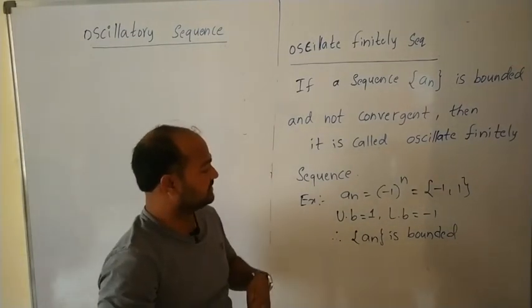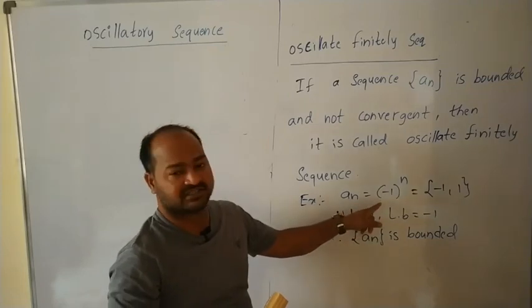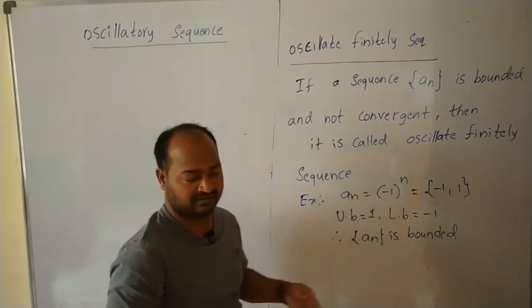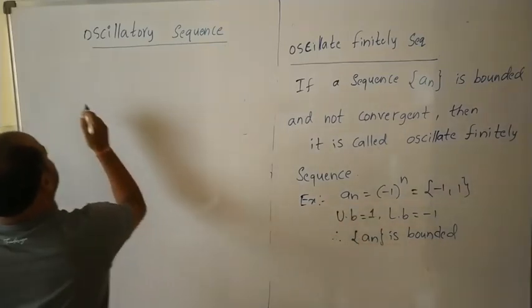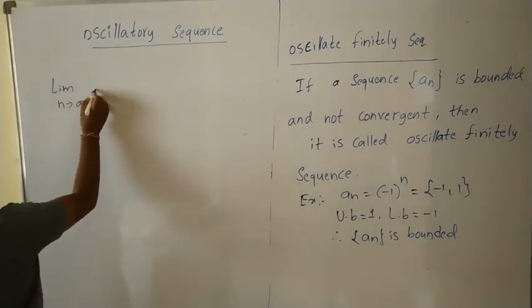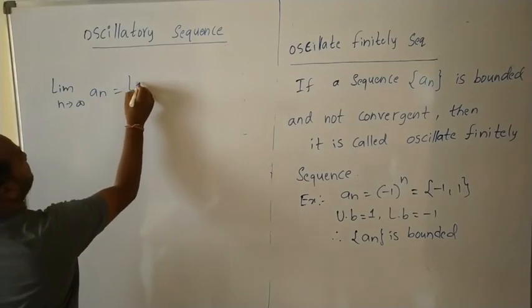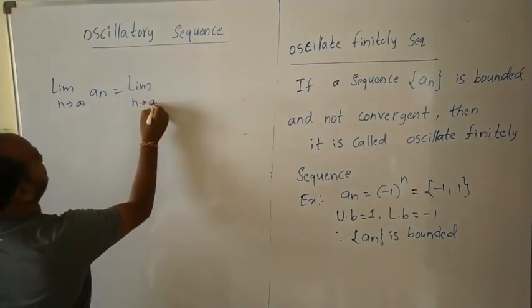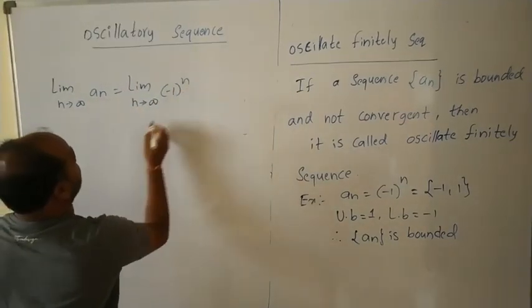Next, let us see whether this sequence is convergent or divergent. First let us find the limit as n tends to infinity of an, which is the limit as n tends to infinity of minus 1 whole power n.